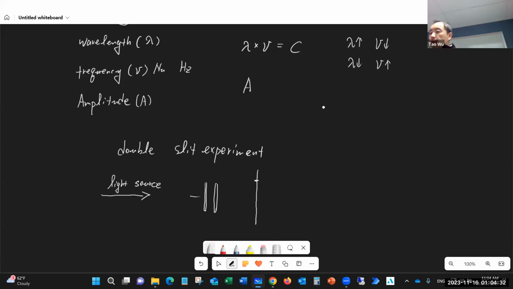So we are going to have bright light, dim light, bright light, dim light. The very bright part is what we call constructive interference, and the dim part is what we call destructive interference. This is the typical property shown by a wave. That's why they proved light is a wave.